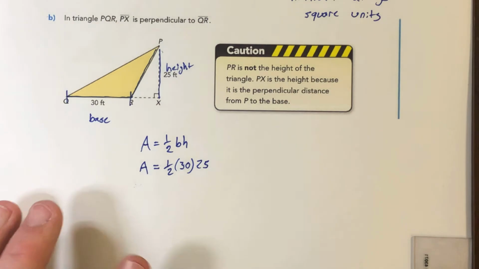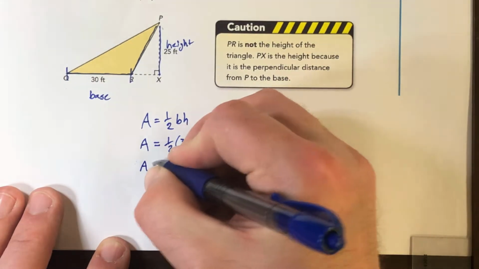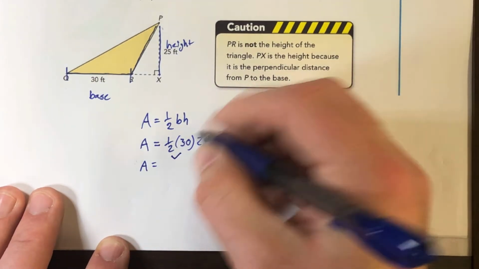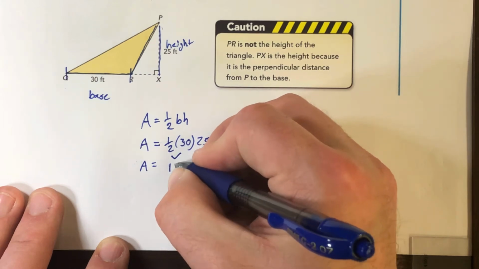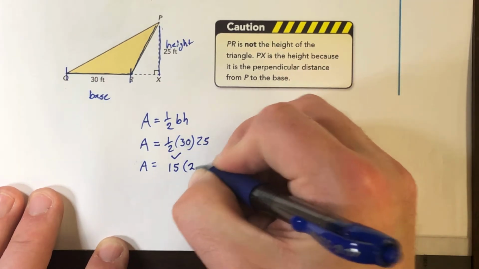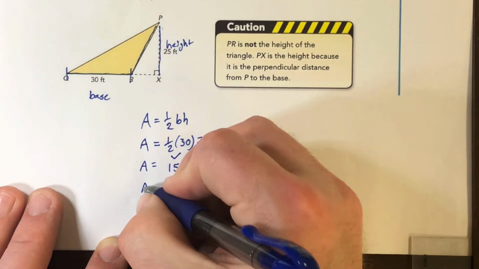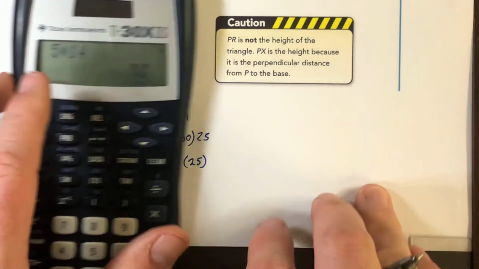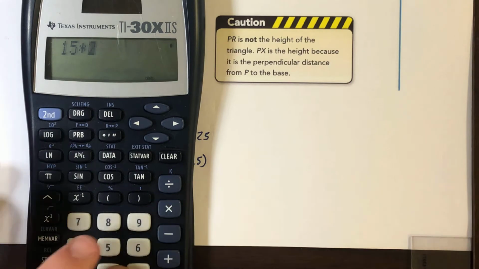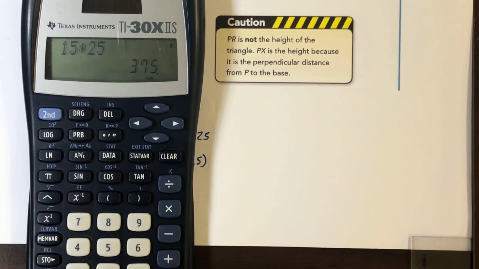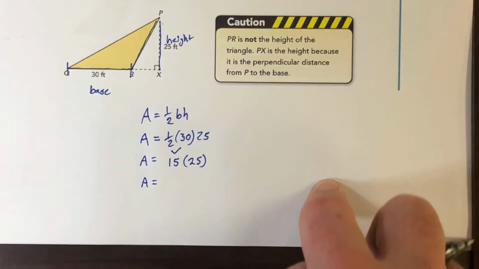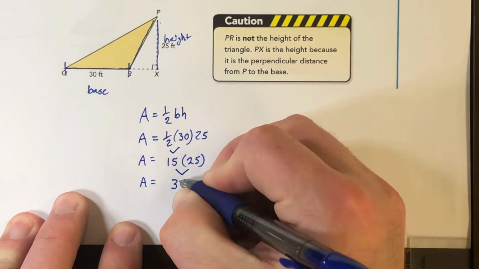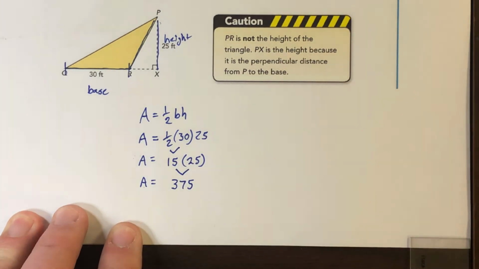Next step, solve step by step. So 1/2 times 30, we can do that mentally. That would be 15. Now bring down your 25. Area equals, what's 15 times 25? No idea. We get 375. 375 what?